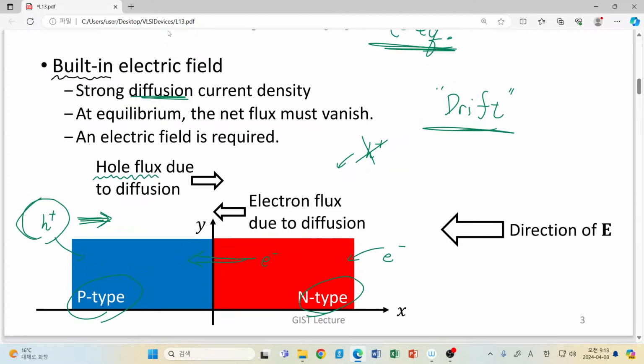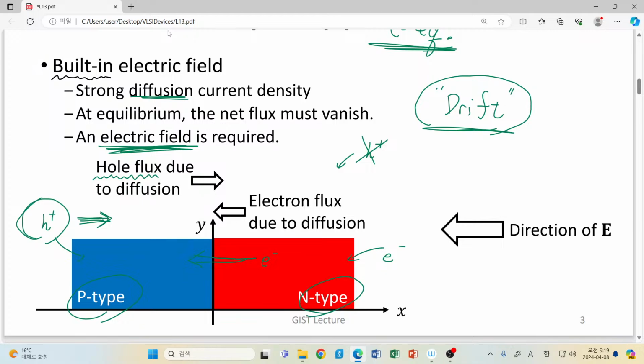So simply speaking, at equilibrium, we must introduce the existence of a drift term, which perfectly cancels out this strong diffusion term. Then who generates the drift term? The only way is the existence of an electric field.